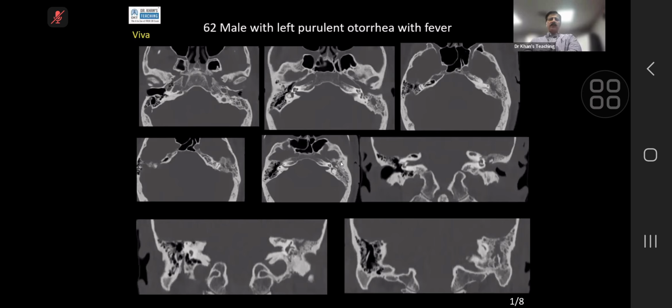We can see a lot of inflammation and opacification of the mastoid cells and the middle ear cavity. This is the petrous apex. You don't see much there on this CT scan. A bit of aeration is there, but these are also opacified.